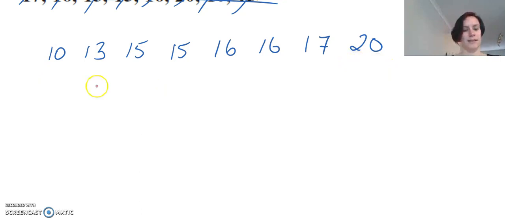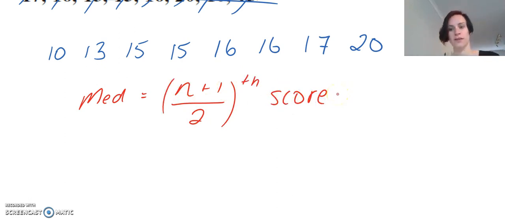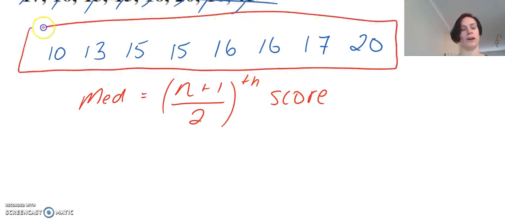So our formula says that the median is equal to the (n plus 1) divided by 2 score. So it's this number score in the lineup, remembering that this is our ordered data.